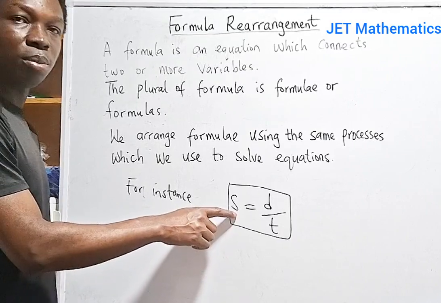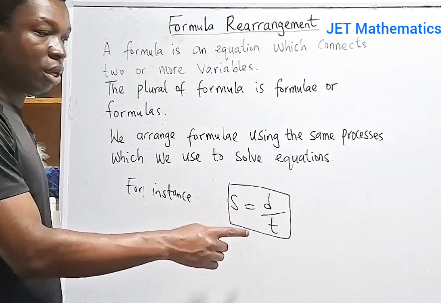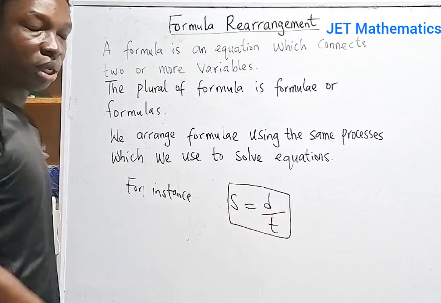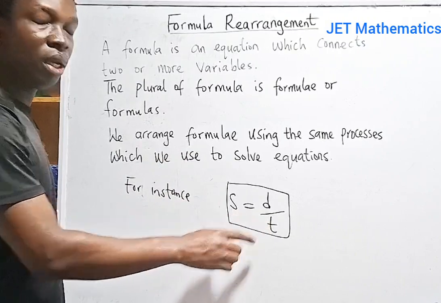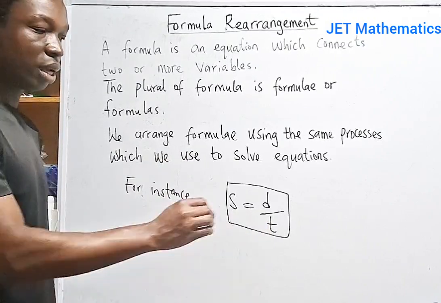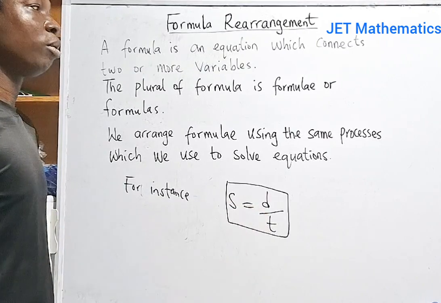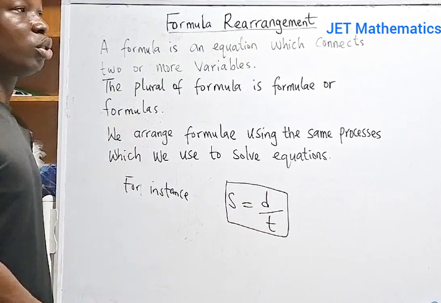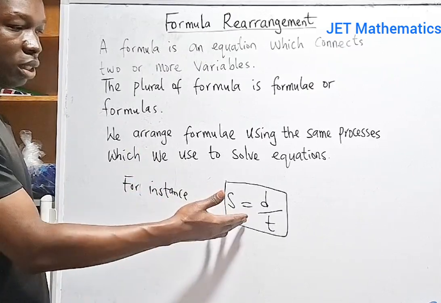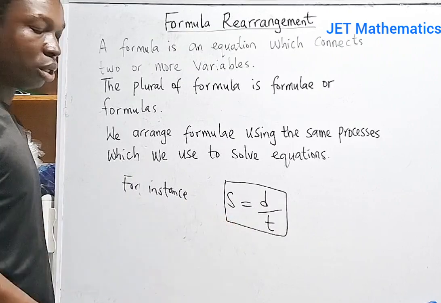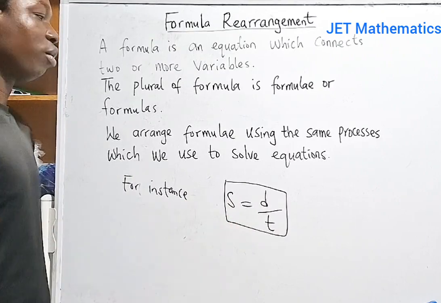Variable S represents speed, variable D represents distance traveled, and variable T represents time. So this is a simple formula. A formula is an equation which connects two or more variables. As we can see in this case, there are three variables that are connected in this formula.